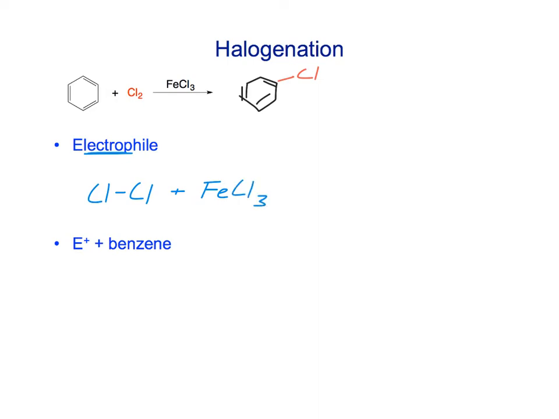Okay, I already said that the catalyst is a Lewis acid. So in this step, the chlorine is going to act as a Lewis base. Okay, so chlorine has all of these electrons around it. So we can draw the first step with a pair of those electrons reacting with the iron.